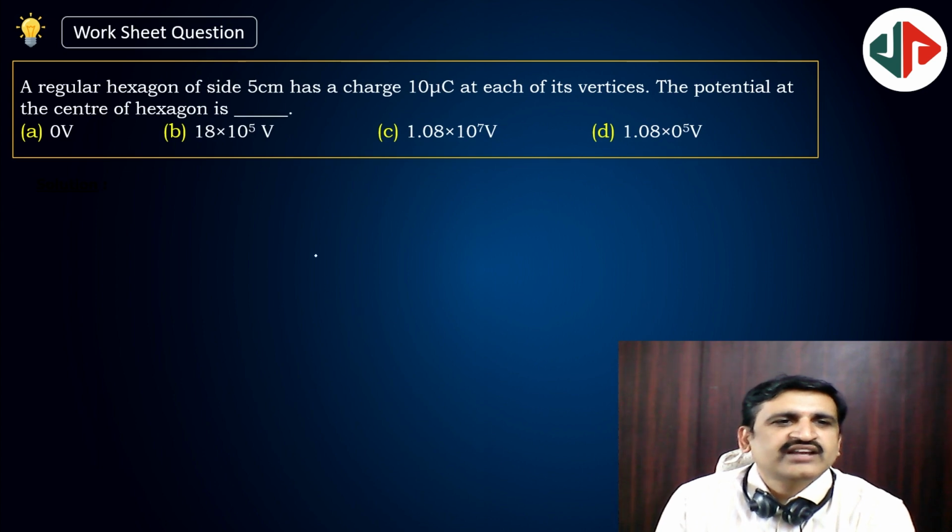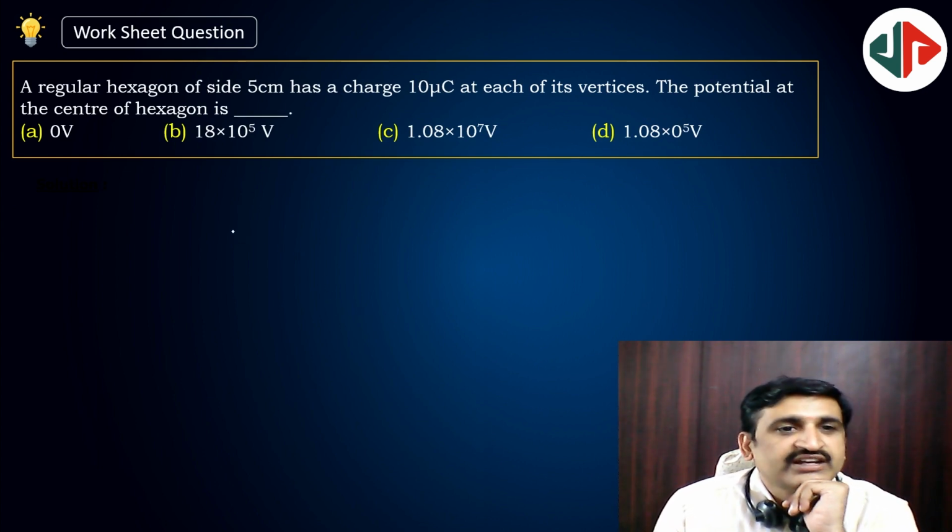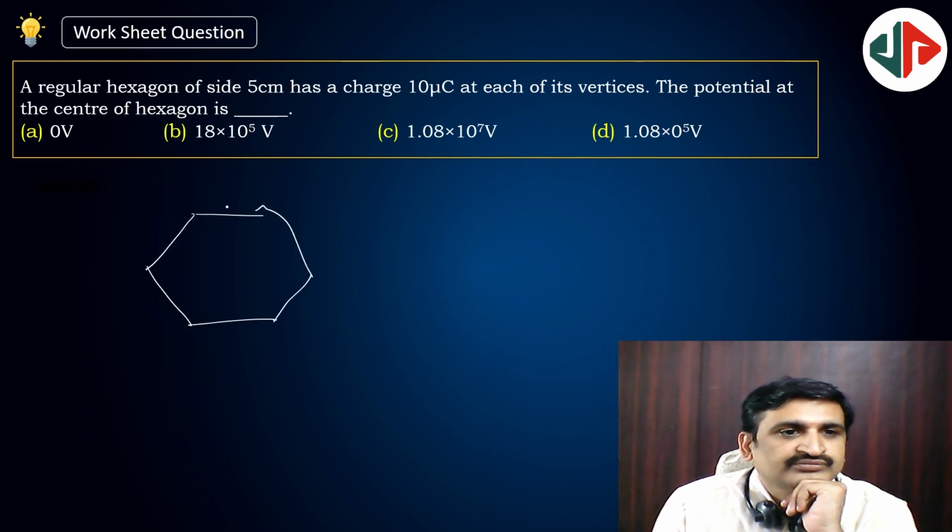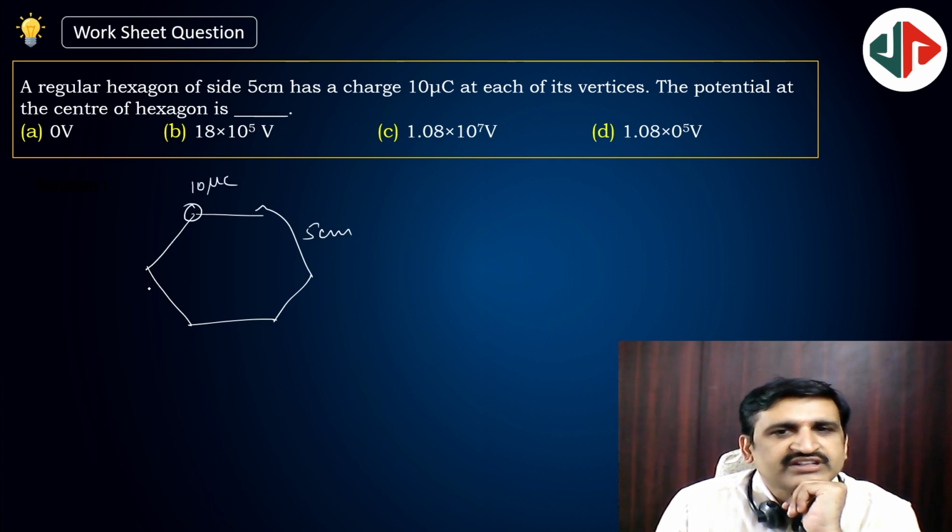Next. Regular hexagon has sides 5 centimeter, has charge 10 microcoulomb at each of the vertex. The potential at the center of the hexagon will not be 0. Field is 0 but potential is not 0. Why?